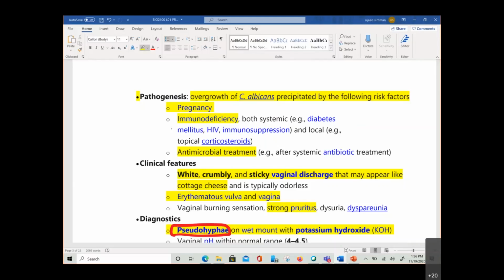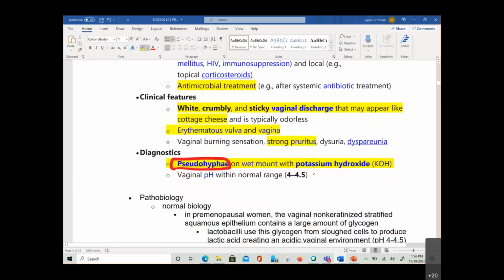Now, the next part is very important to distinguish between the different types of vaginitis causes, which is that the vaginal pH is within normal range, between 4 to 4.5, which, as you can see, is slightly acidic.